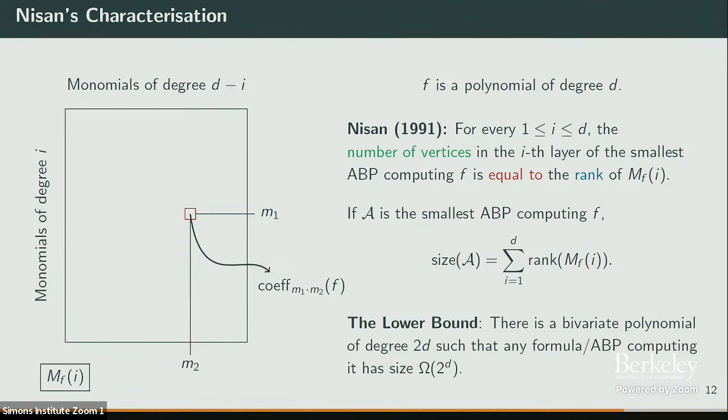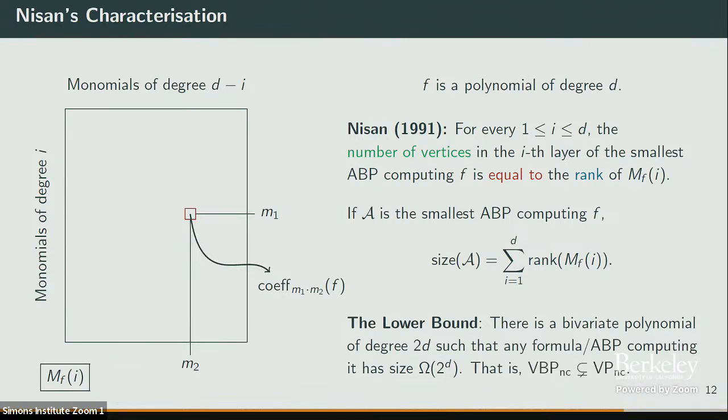Using this, you get an exponential lower bound against ABPs and hence formulas for a polynomial which is in non-commutative VP, and this gives you a separation.